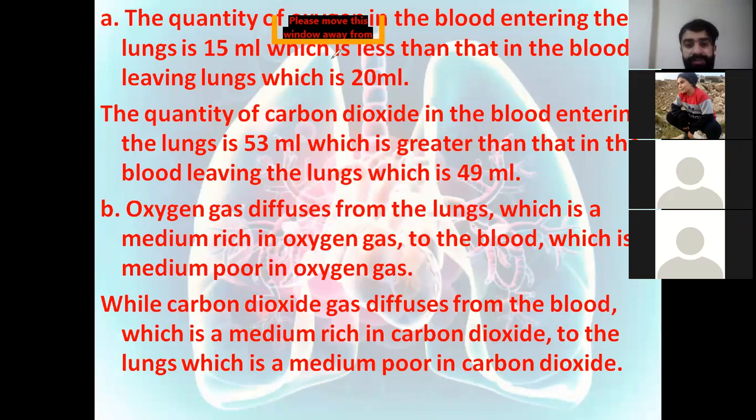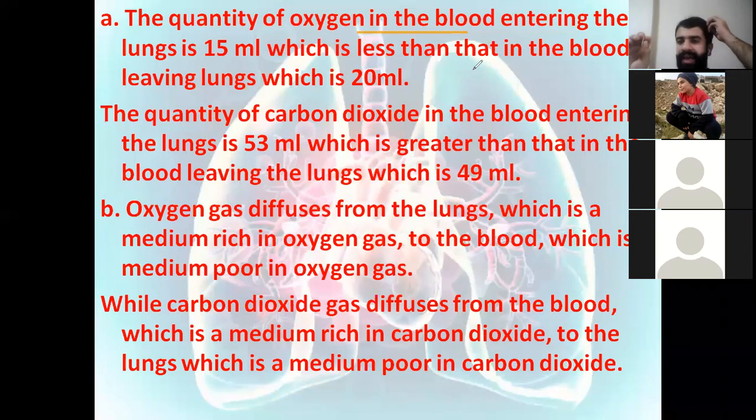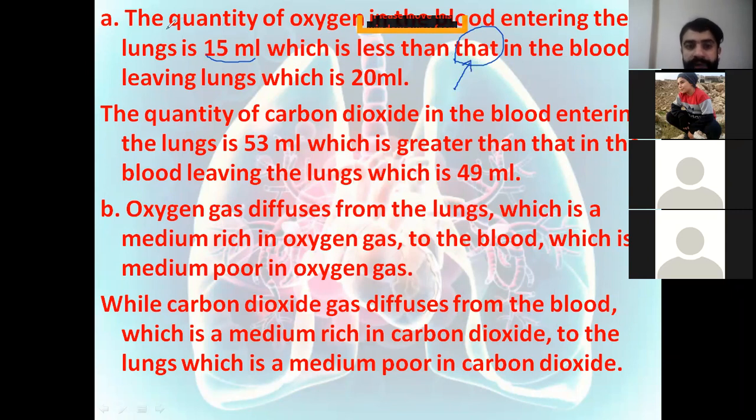The quantity of oxygen in the blood entering the lungs is 15 milliliter, which is less than, here I used a word that is used instead of three words. I used the word that. That refers to the quantity of oxygen.